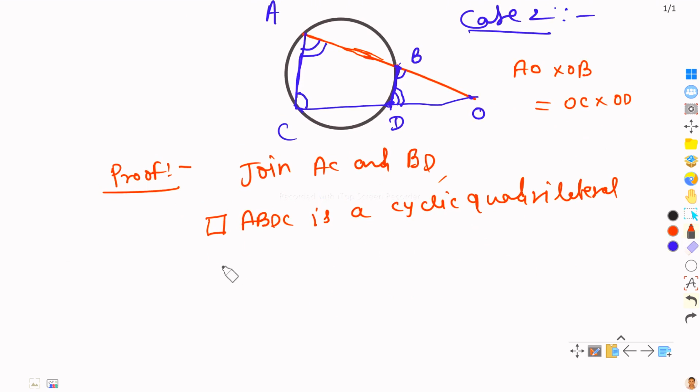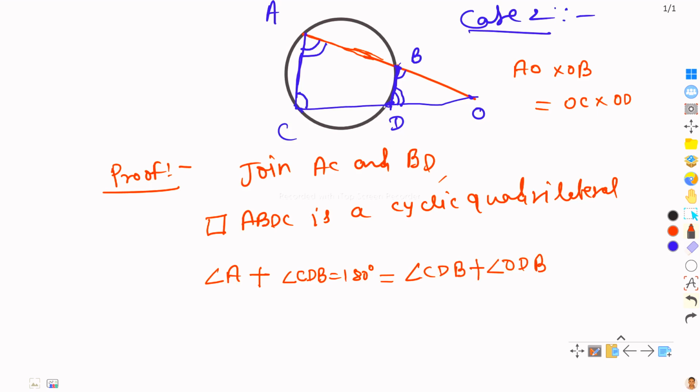Therefore angle A plus angle CDB equals 180 degrees, and also angle CDB plus angle ODB is 180 degrees.